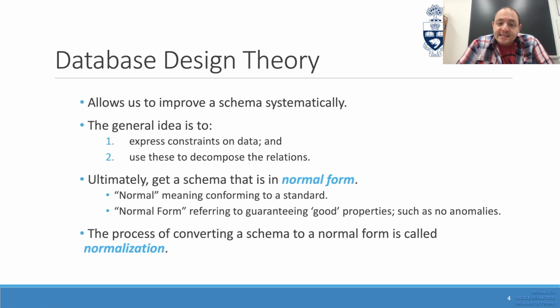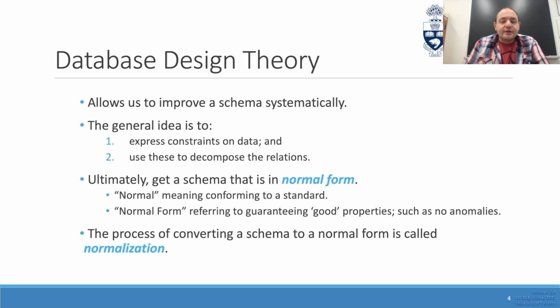Ultimately, getting a schema in a normal form, so normal meaning conforming to a standard, usually means we're guaranteeing good properties. And depending on the type of normal form for the specific scenario we're in, it will ensure certain properties being upheld, for example, not having any anomalies.